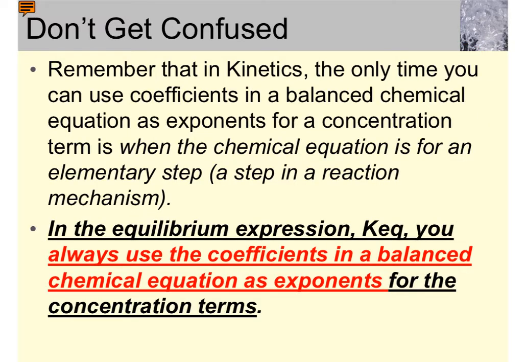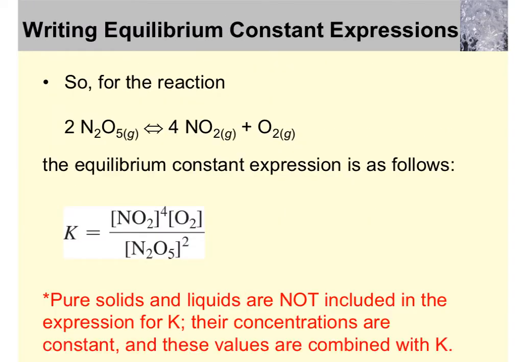And this is me, like I do, repeating things multiple times in hopes that it'll sink in, that it's important. So this is just my reminder again that in an equilibrium expression, the coefficients become the exponents, whereas we can't do that in kinetics unless it's an elementary step in a mechanism.